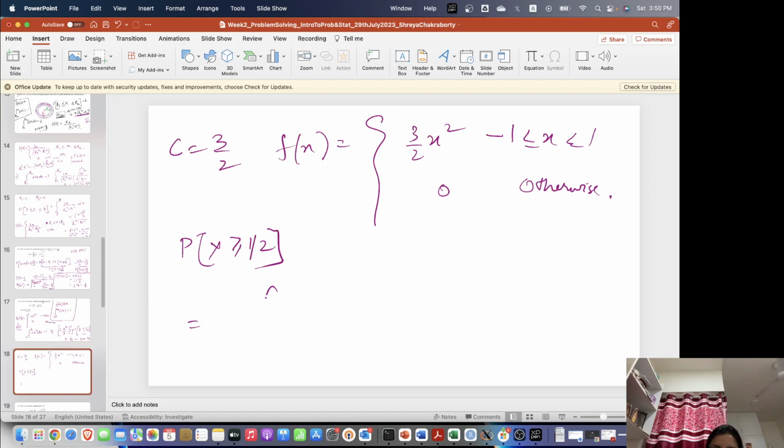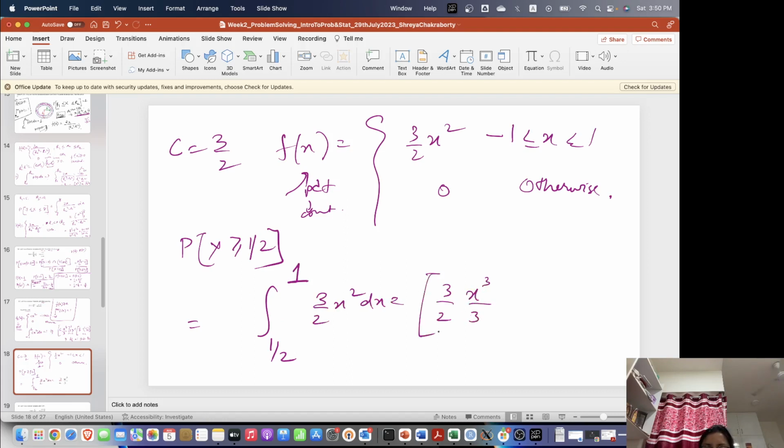So then, because this is a continuous random variable, this is a PDF. So this will be the integral from half to 1 of 3 by 2 x square dx. It will be 3 by 2, x cubed by 3, from half to 1.